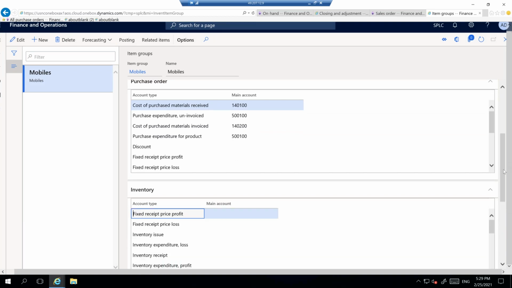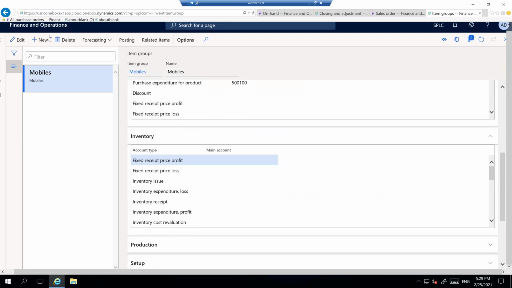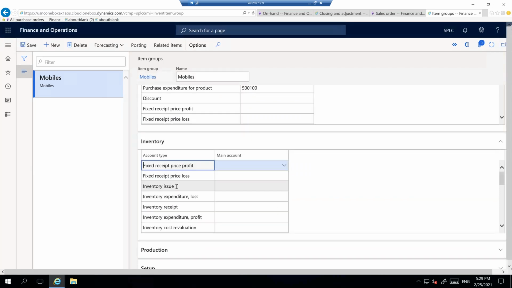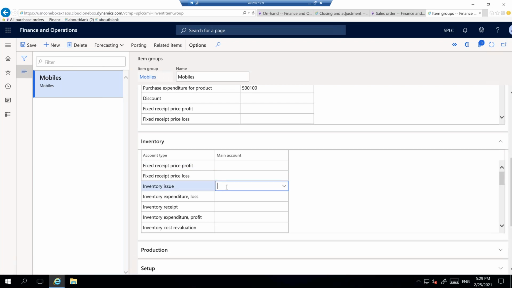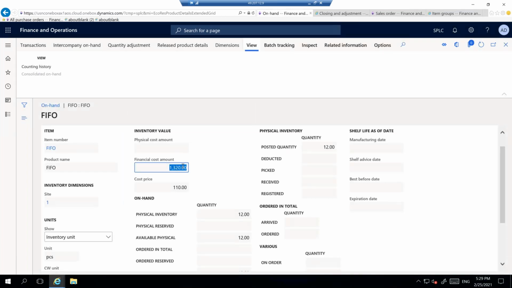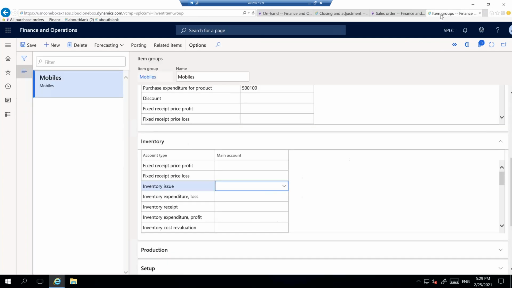What does this mean? If you are increasing or decreasing the value of the inventory, because it is on hand inventory value, it is currently showing 1320, but as per inventory calculation it should be 1400. So maybe decreasing or increasing.